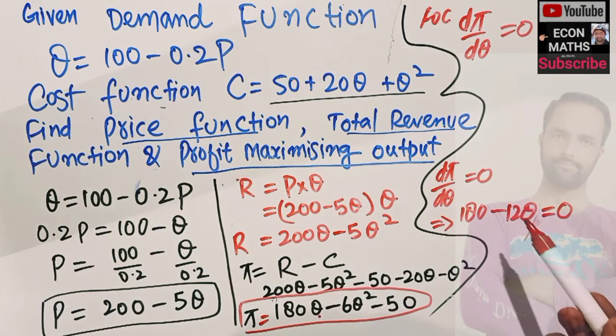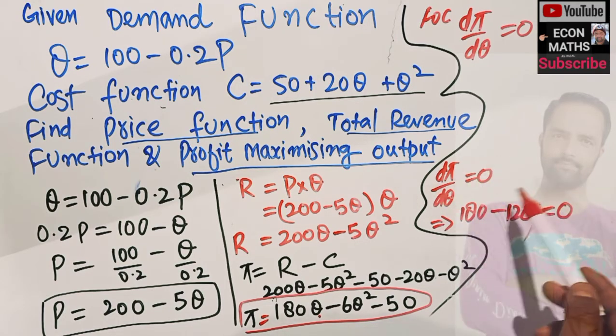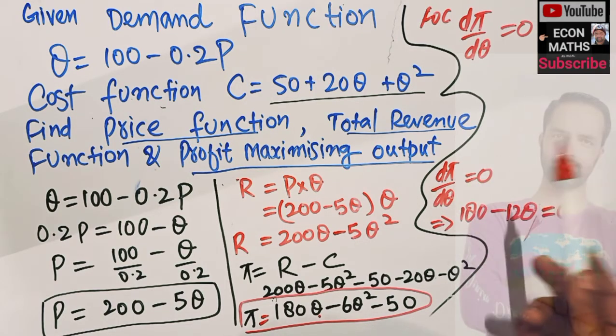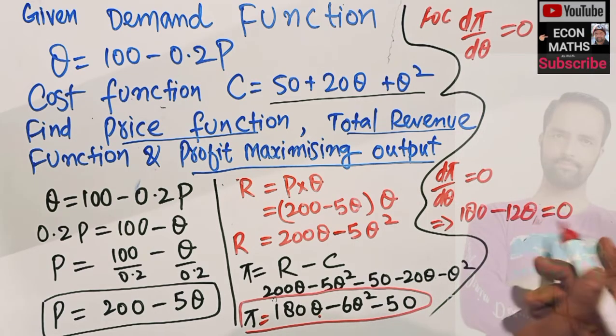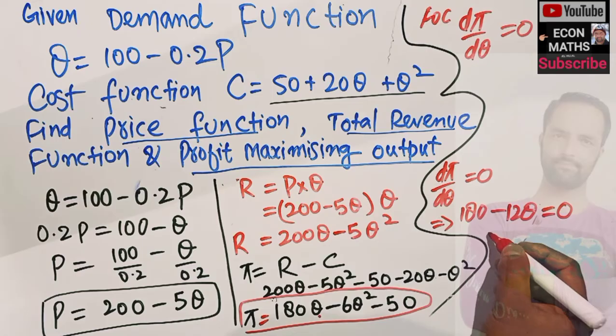So the first order condition requires that marginal profit should be equal to 0. By marginal profit we mean the derivative of the profit function with respect to output. Now solving for Q here, we have 12Q.